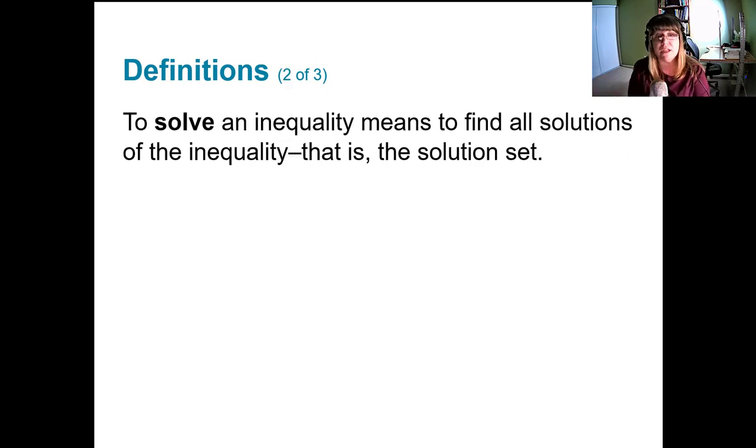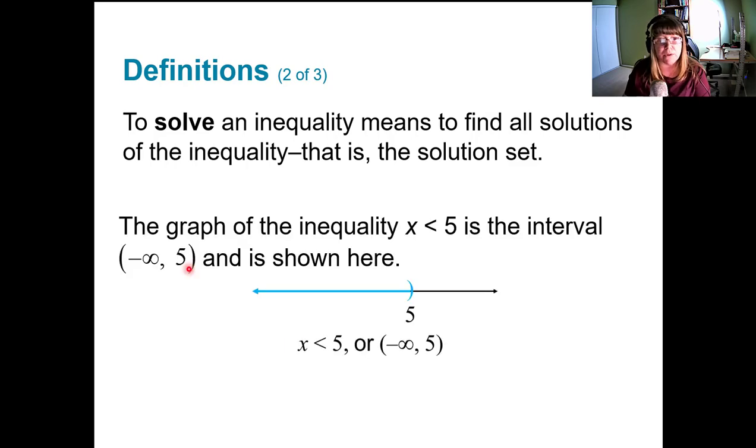To solve an inequality just means to find all the solutions of the inequality, that is the solution set. Solution sets are intervals. We frequently will graph the solution sets for inequalities in one variable on a number line. For example, the graph of the inequality x is less than 5 is the interval from negative infinity all the way up to 5.